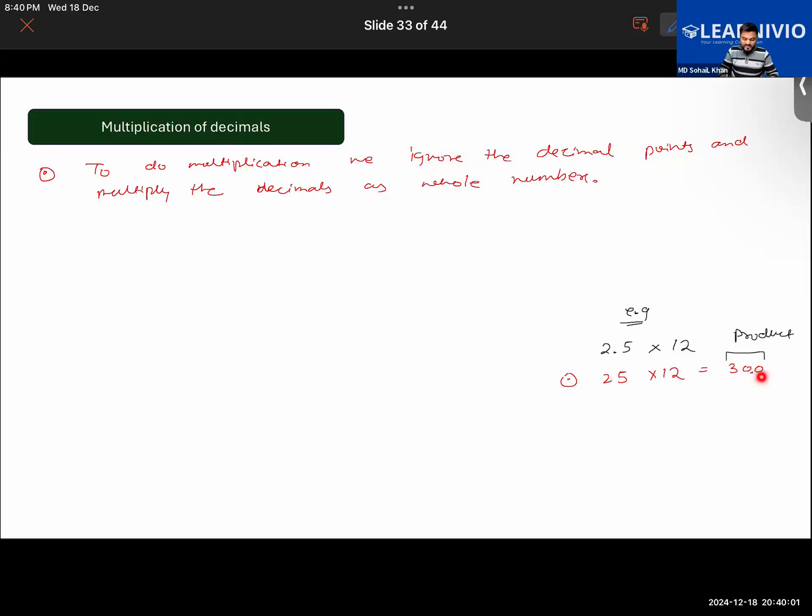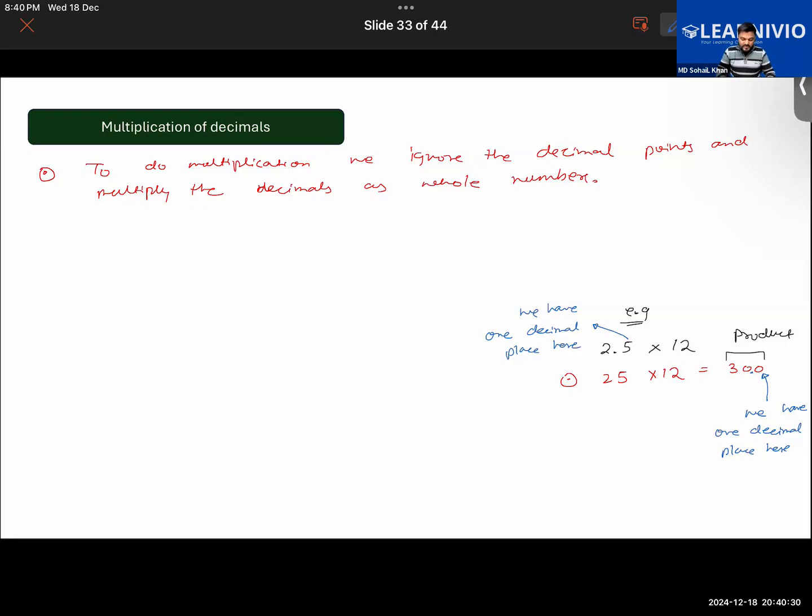So here you have one decimal place, and here also we have one decimal place. You getting it so far, what we have done here?